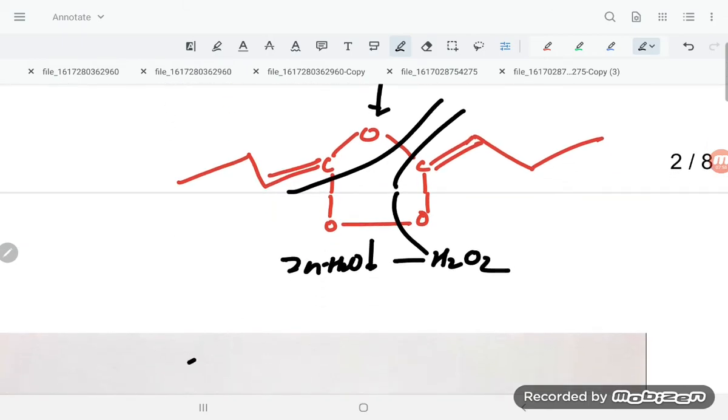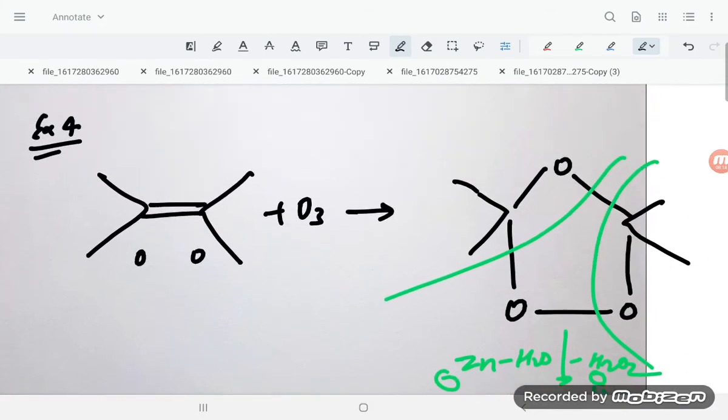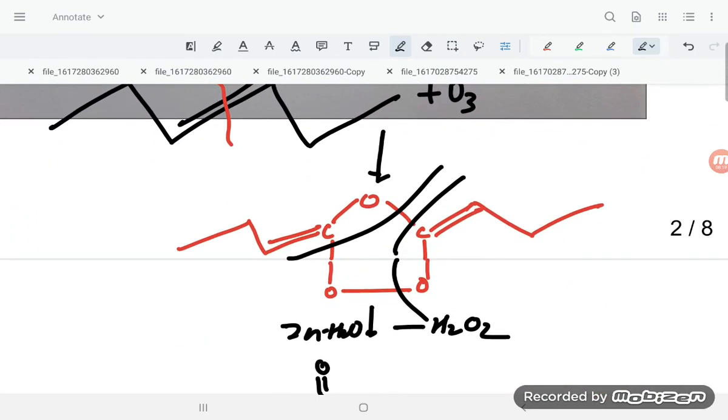So how will the product look, students? This is C, and the oxygen will be there like that, and here will be the hydrogen. So dear students, where is the mistake we are making here? You can check the double bond which I am making here, the double bond will not be there, right?